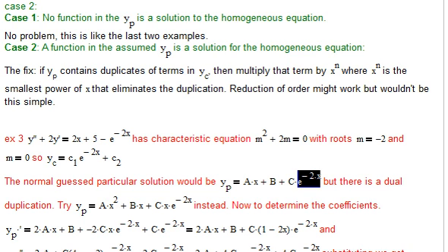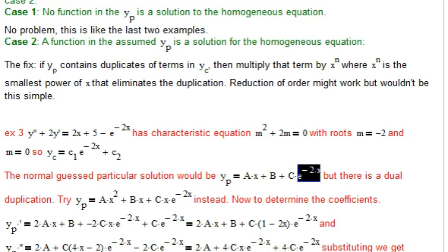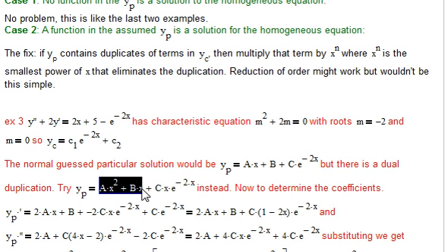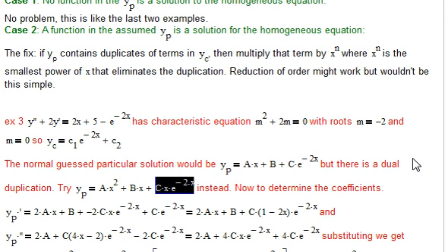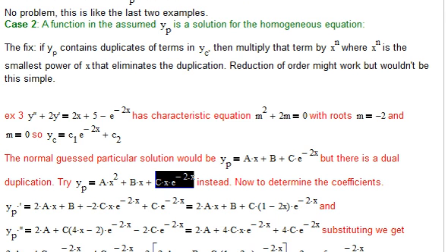Oh no. So we're going to have to do something about that, and what we're going to do is multiply this part by an extra value of x, and this part by an extra value of x, and now we'll try to determine the coefficients. If you tried to do it the other way, you would find all kinds of problems. I won't even go into it, but you might want to try it just to see the problems you'll run into.